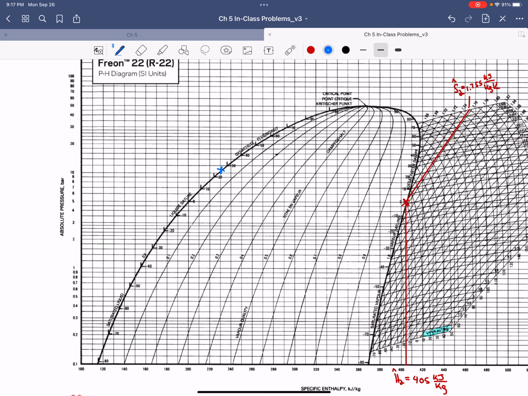Since we can now draw out that intersection, we can use this plot to figure out any other thermodynamic property. One property that is going to be interesting is the vapor pressure at which the saturated liquid occurs. And that vapor pressure we could get if we just draw a line that goes straight to the left. Okay? And we see that the vapor pressure for the saturated liquid refrigerant at 25 degrees Celsius is going to be about 10.5 bar.